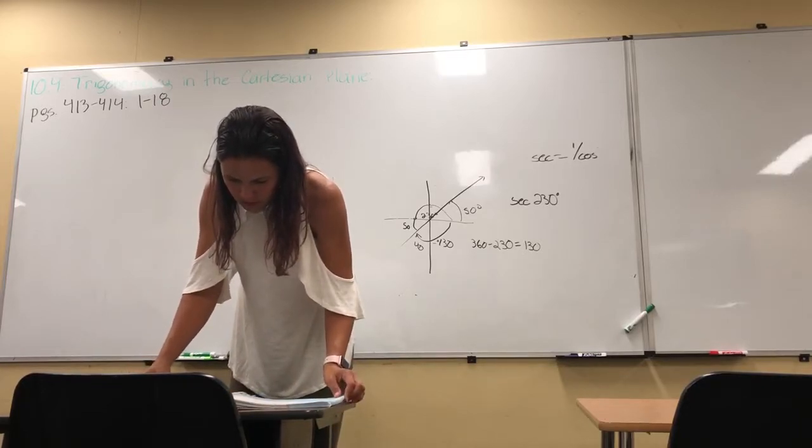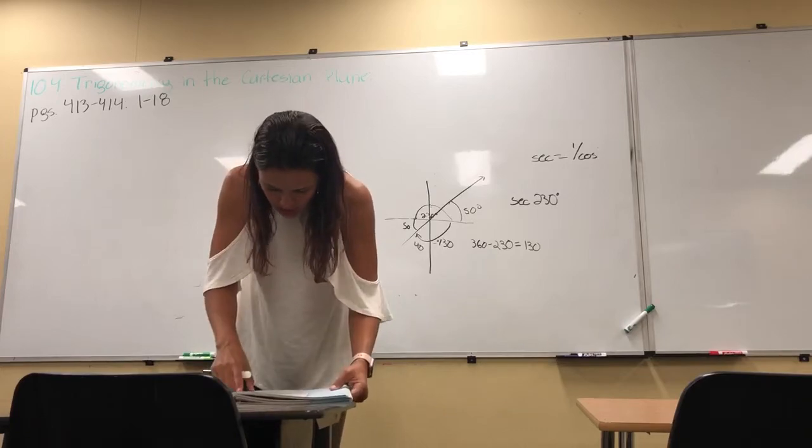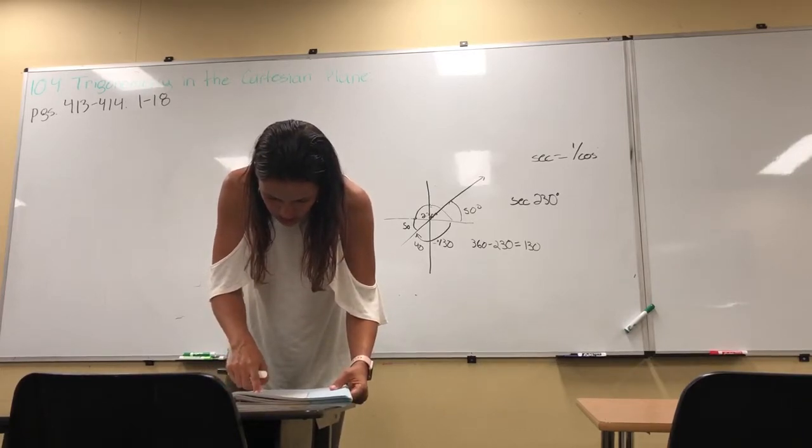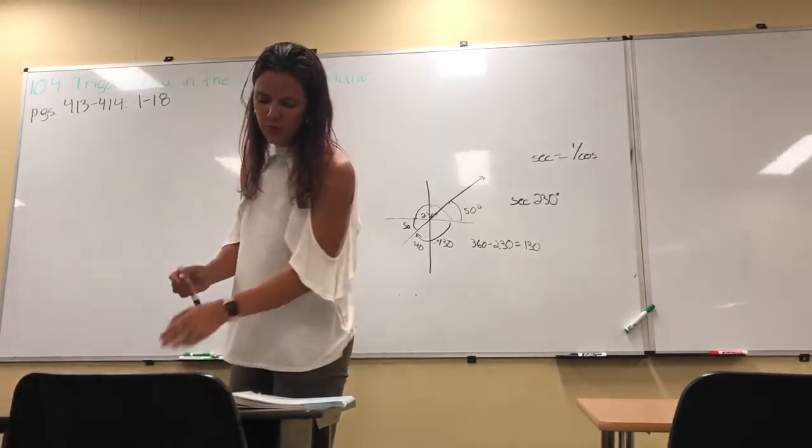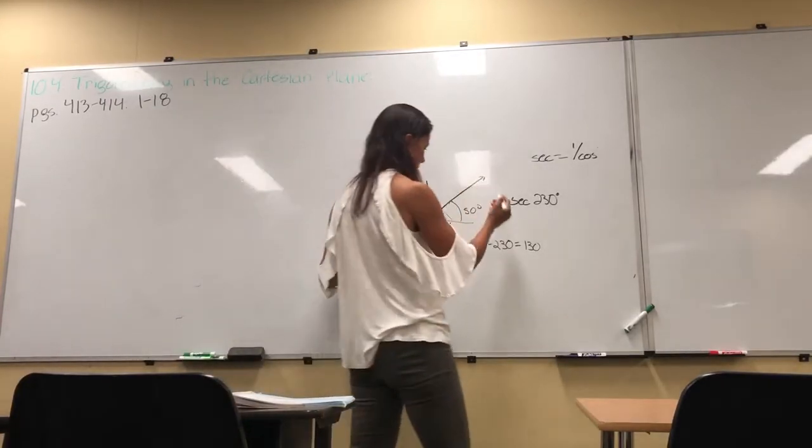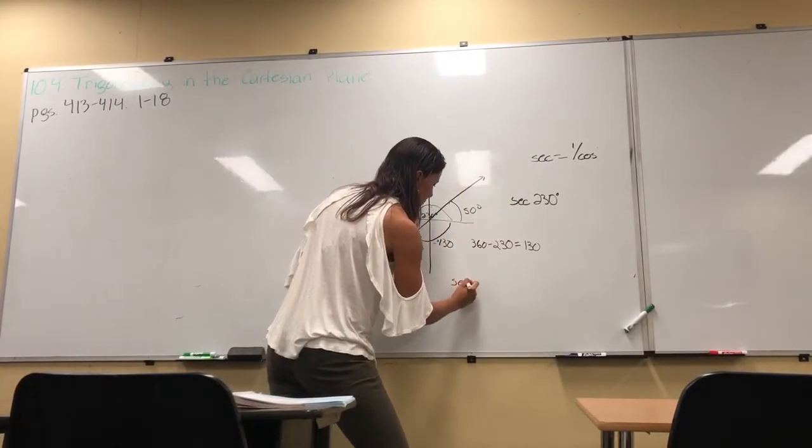Hold on. Oh, it says secant. I'm sorry, I looked at cosecant. Secant of 50 degrees is 1.556.